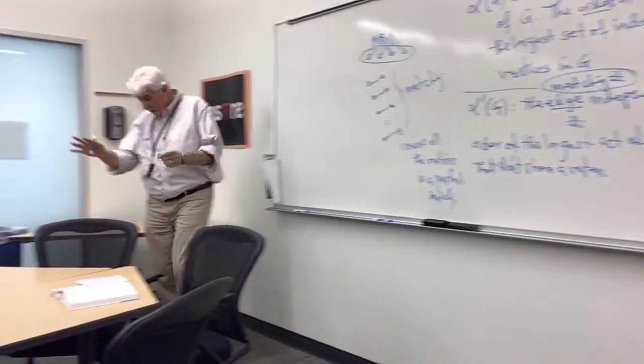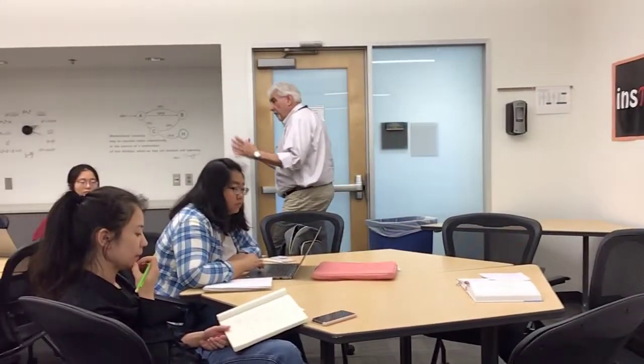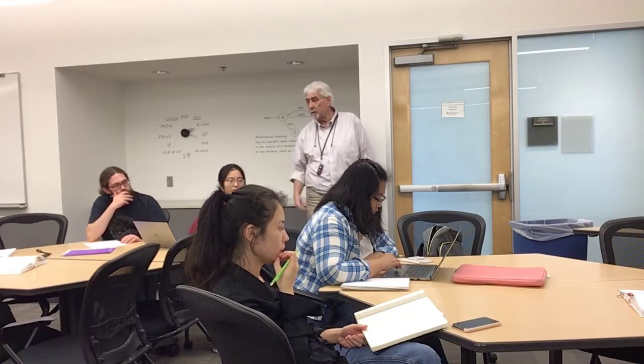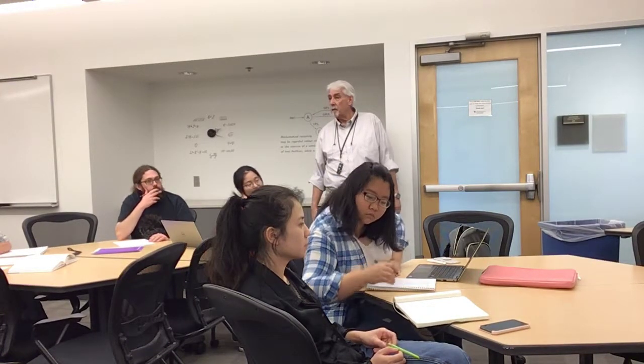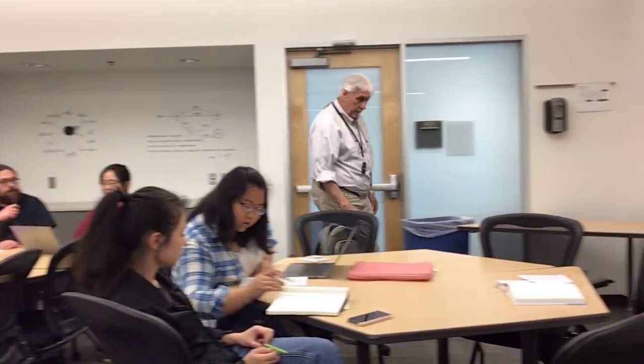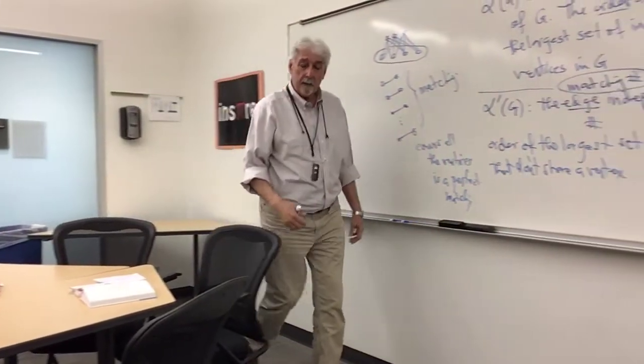Okay, so let's just make sure it's clear. K5 does not have a perfect matching. Can someone give me a real quick proof that K5 doesn't have a perfect matching? Okay, one more time.